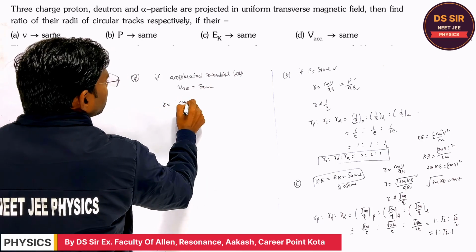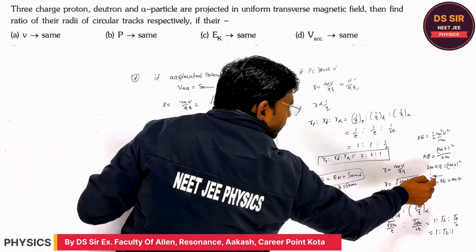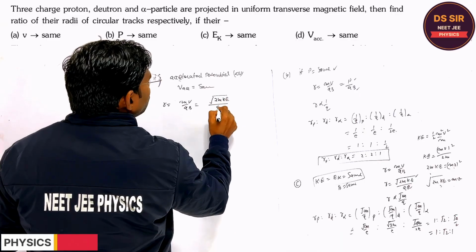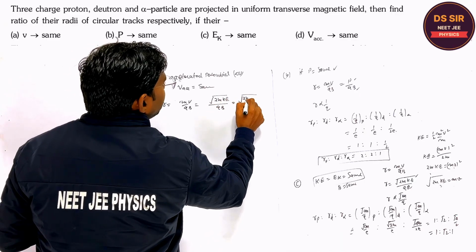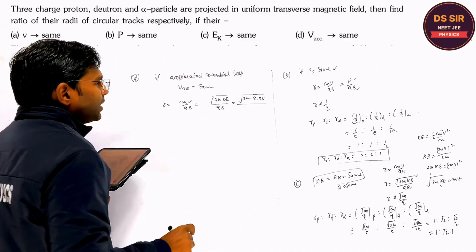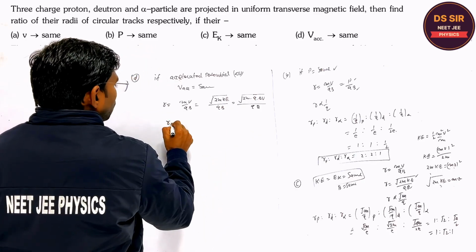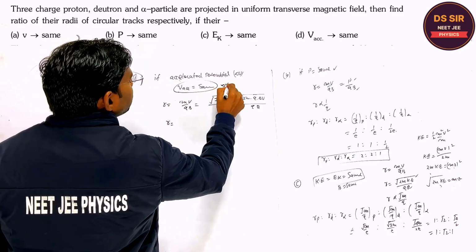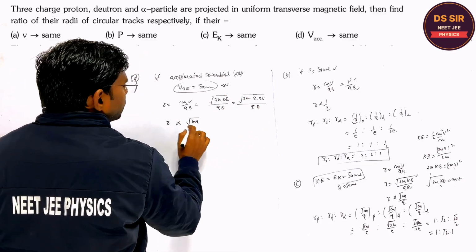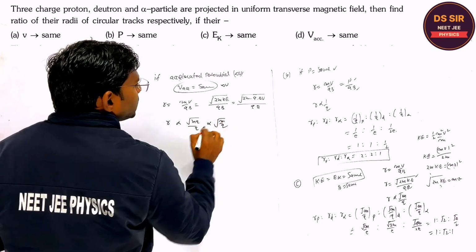So the radius is mv upon qB, and mv can be written as root 2m into kinetic energy upon qB, and kinetic energy is q into delta V. Delta V is nothing but accelerating potential. Delta V is same and B is same, so radius is proportional to root m by q. Is it clear or not, you tell?